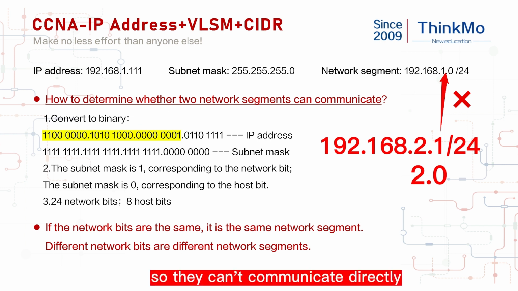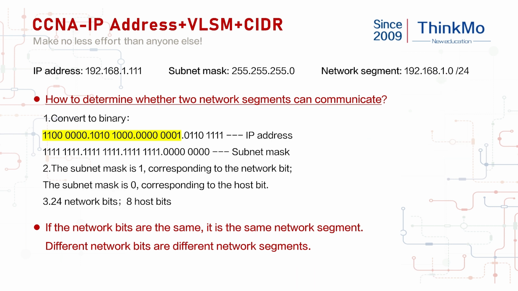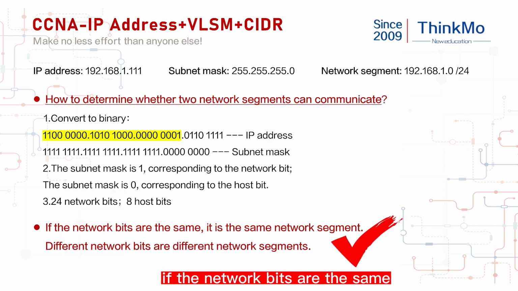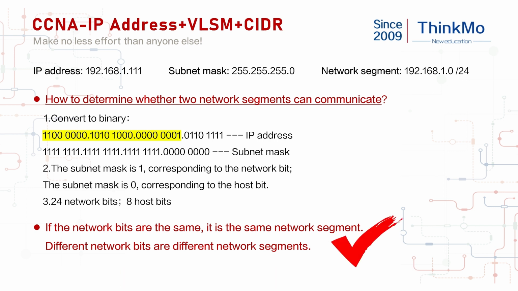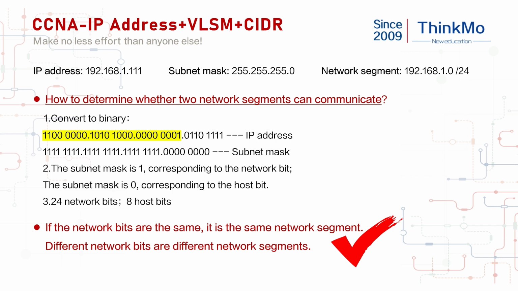So they can't communicate directly. We can communicate with the help of routing. They can't communicate directly without some other mechanism. If the network bits are the same, it is the same network segment. If the network bits are different, it is a different network segment, and they cannot communicate directly.